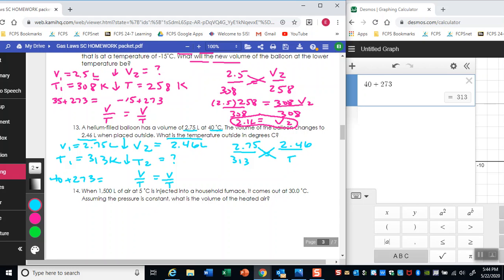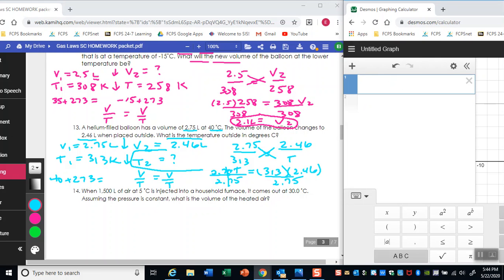So I'm going to cross multiply 2.75 times the temperature equals 313 times 2.46. I want to get rid of the 2.75. Boom. Divide by 2.75. So my new temperature is going to be what that is.